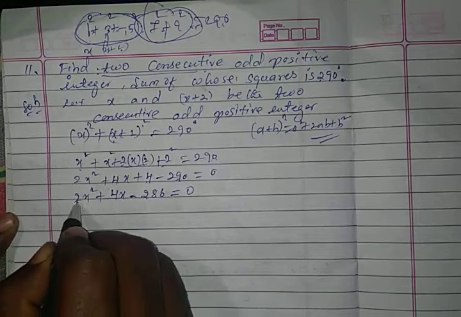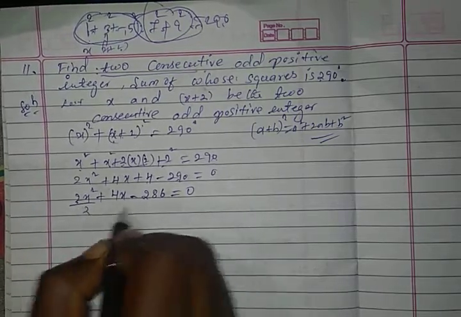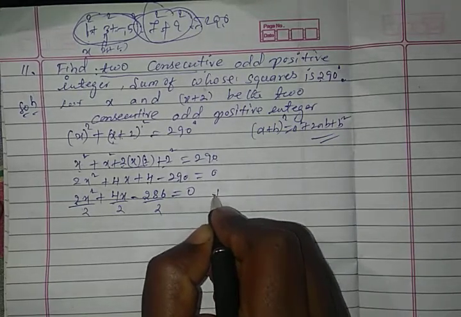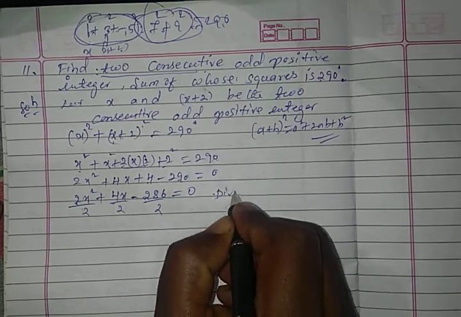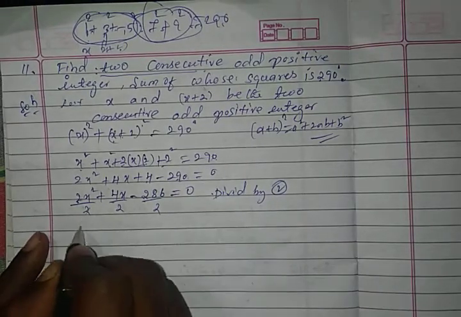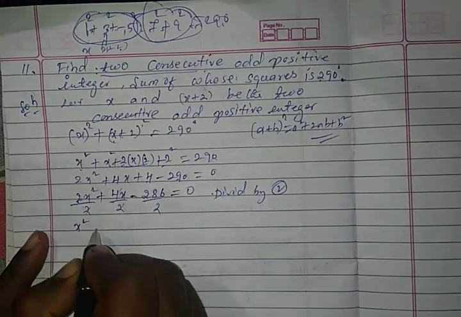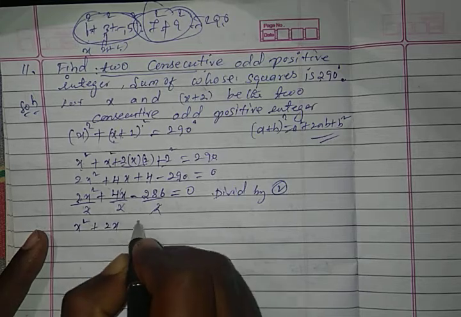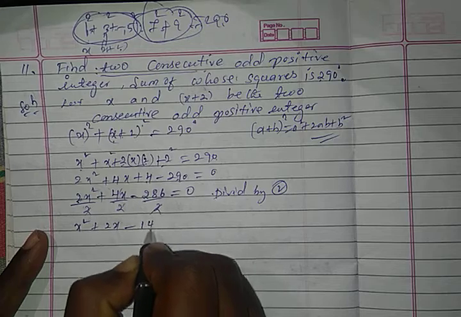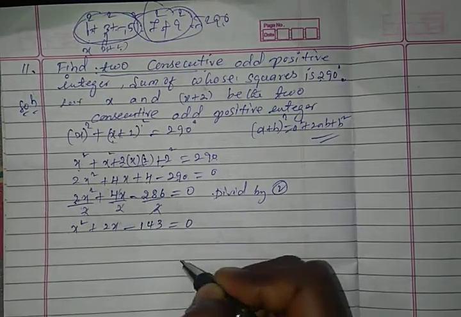Then all the numbers are divided by 2. So dividing by 2, 2 ones are 2, that is x square, 2 twos are plus 2x, minus 143, is equal to 0.